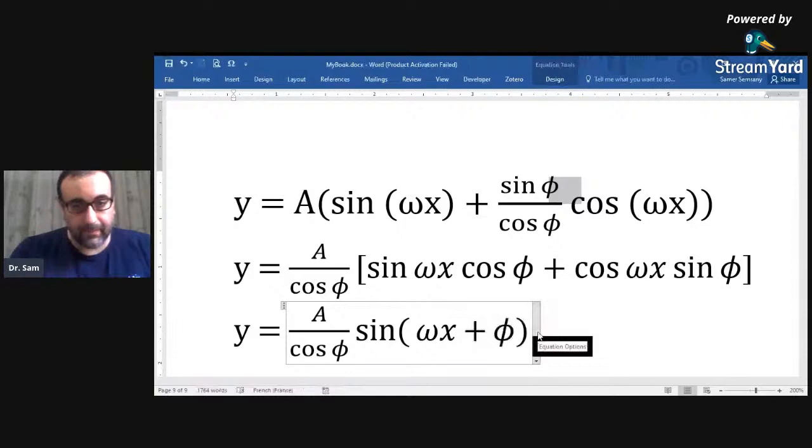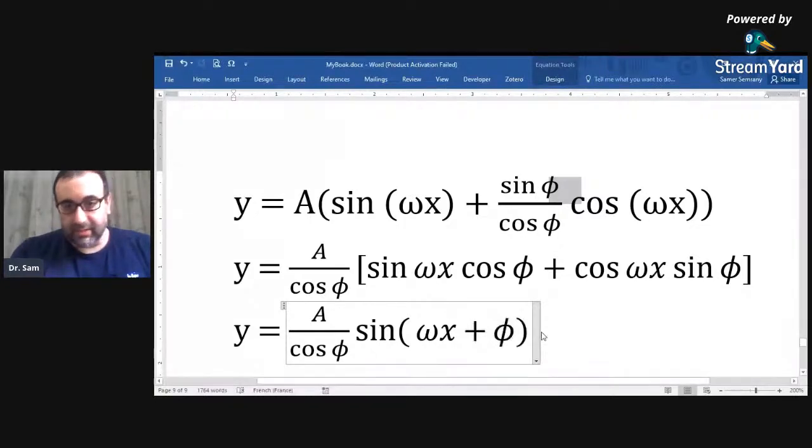So we see that it is similar to the form used in physics.